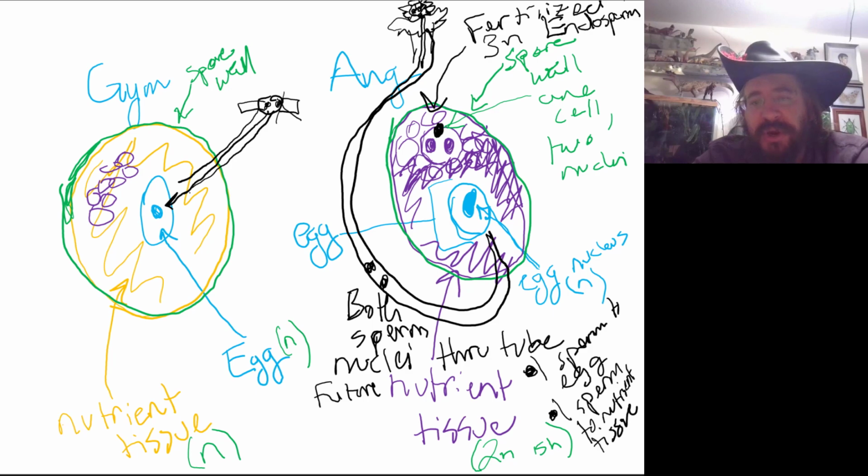It's endosperm. And the big deal about fertilization in angiosperms is that it's so nice it happens twice. One sperm nucleus fuses with the egg nucleus and you get your diploid zygote. The other sperm nucleus fuses with our binucleate tissue and we get 3n, or triploid, endosperm.